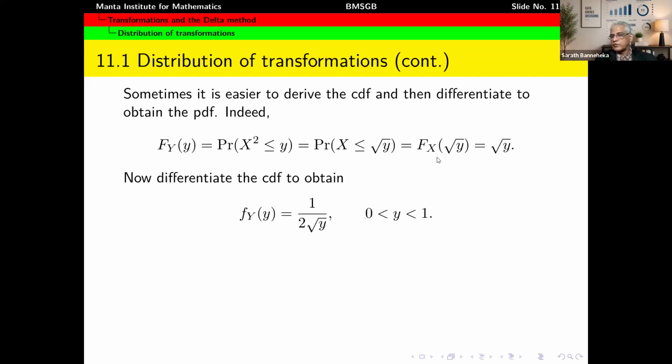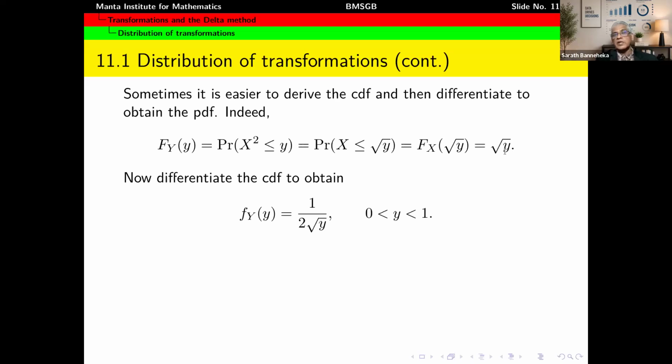Cumulative distribution function of capital X evaluated at some value x, where x is between 0 and 1, is equal to simple x. So therefore, F of x evaluated at root y is equal to root y. So that's the cumulative distribution function. So for this expression, you have to say y between 0 and 1. If simple y is less than 0, the cumulative distribution function is 0.